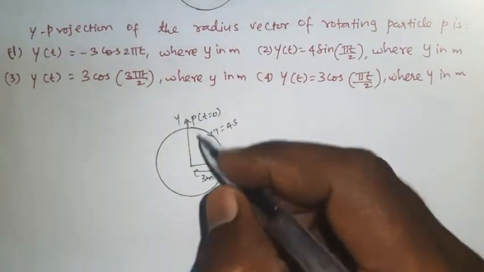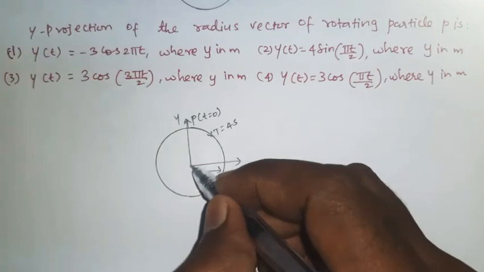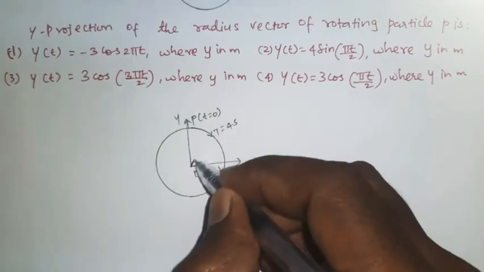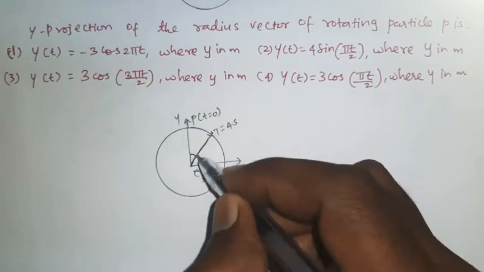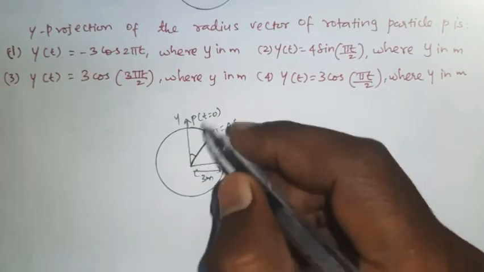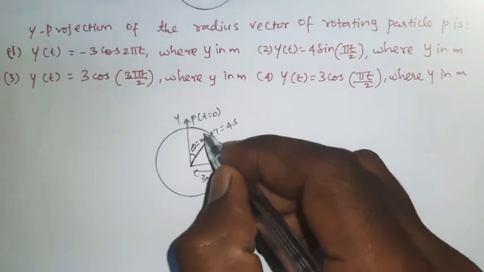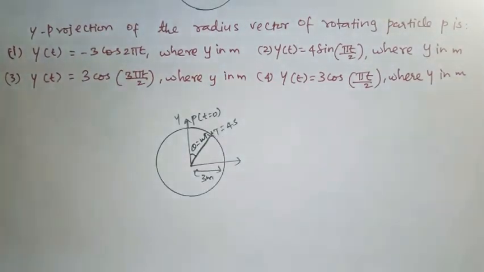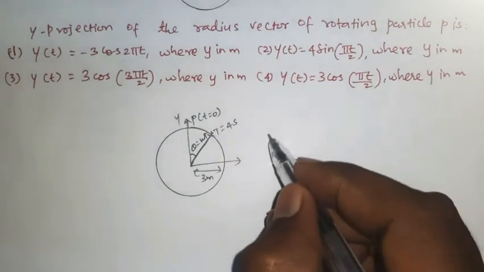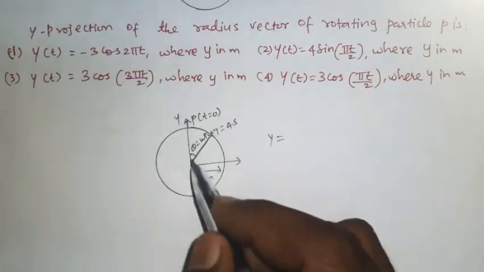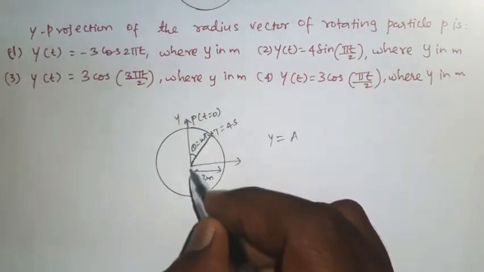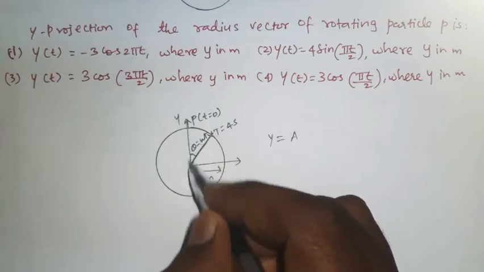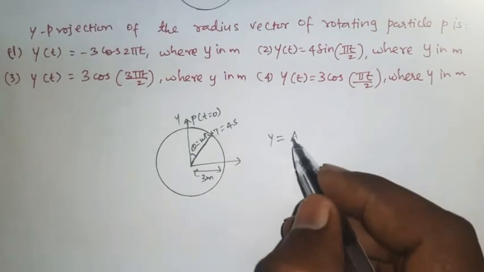For y projection, at this 4 second, we can take the angle from y. Here theta is equal to omega t. We know the formula: y is equal to a cos omega t, where a is nothing but the maximum displacement.